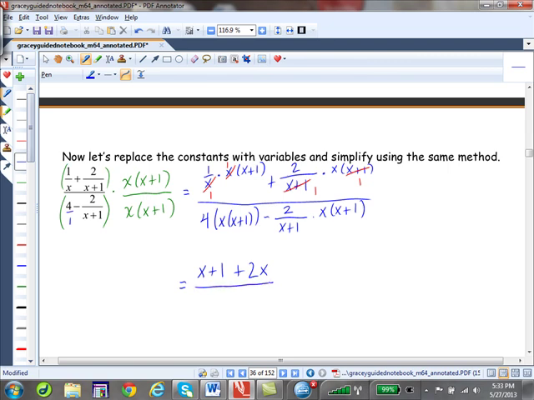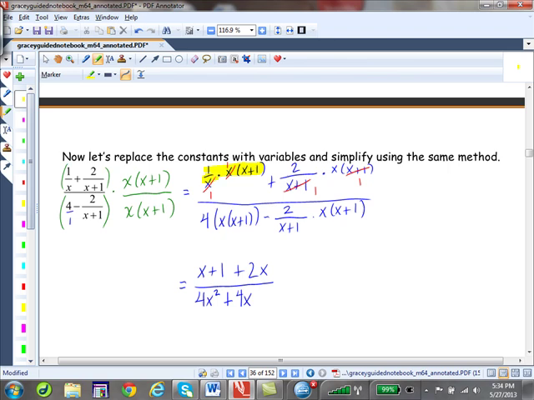That will be over 4 times x plus 1. So that'll be 4x squared plus 4x. So let's get some highlighting so you can see what's going with what.